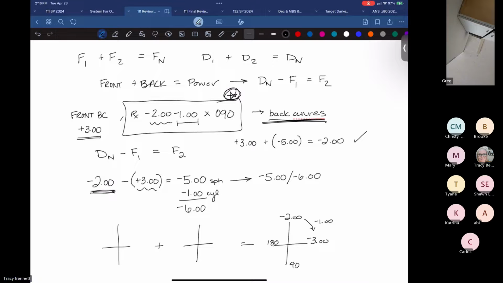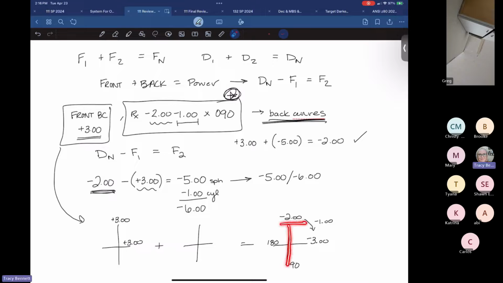And what else do we have? We have our front base curve. So that's our front curve here. That's a sphere, so in both meridians. And then you can see we can just hop across. If we're trying to create -2 in this meridian here at 90, then we need to be creating that there.